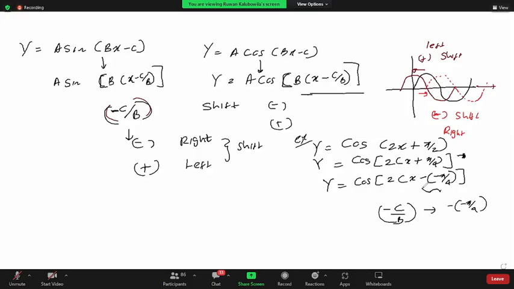So this one is equal to 5 over 4. That means this negative C over B value is a positive value. So if it is positive, this has a left shift, like this.